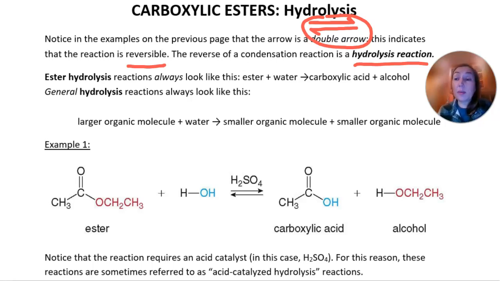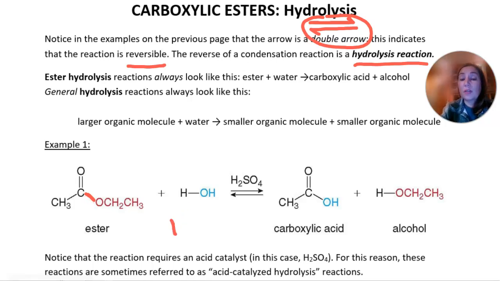Really, we just need to talk about the reverse of Fischer esterification, going back to the carboxylic acid and the alcohol. If we have an ester, we're going to break that ester bond. This ester is CH3, C double bond O. That C is bonded to an O, CH2, CH3.